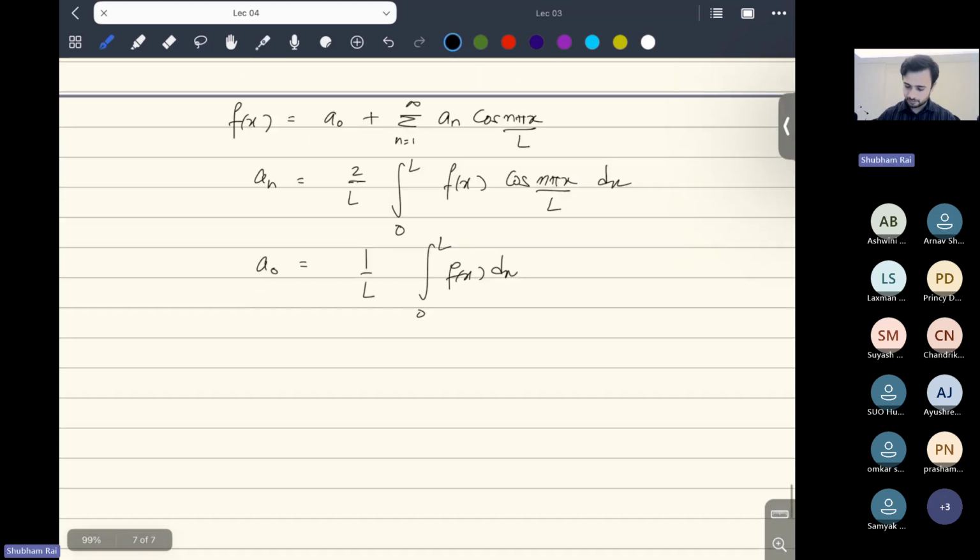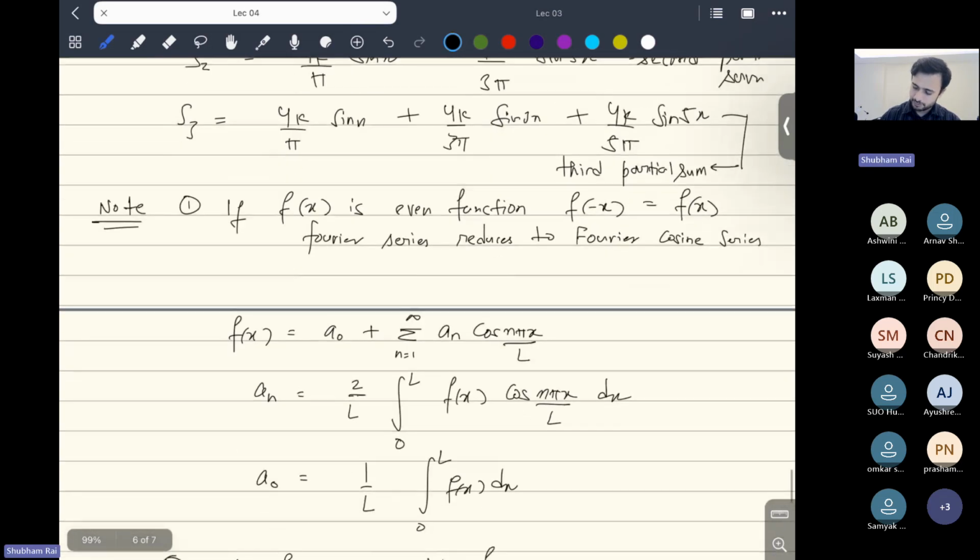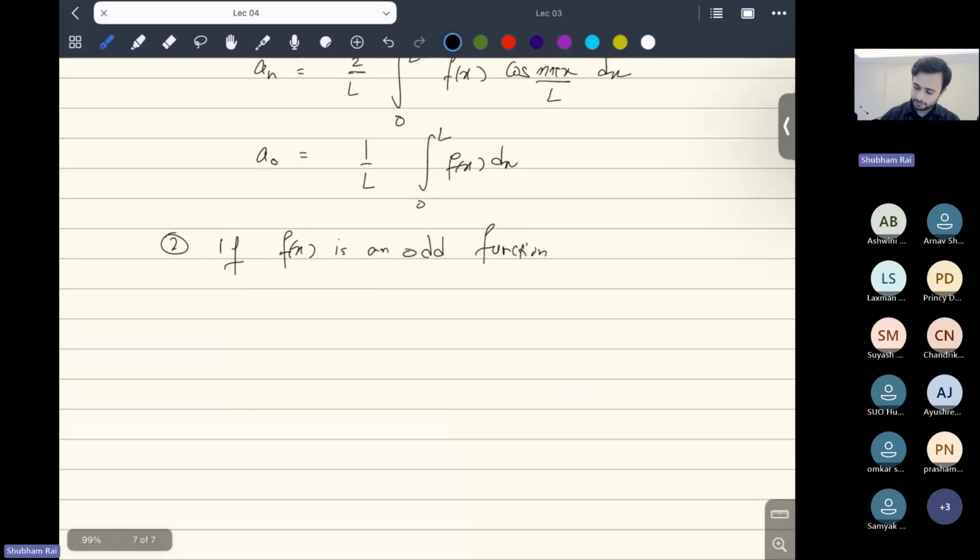And when we have an odd function, so if f of x is an odd function, odd periodic and even periodic, obviously periodic should be there anyway, so odd means your f of minus x is equal to minus of f of x.